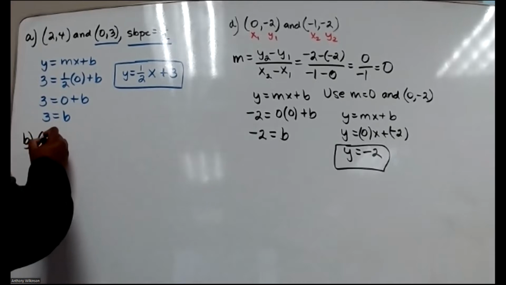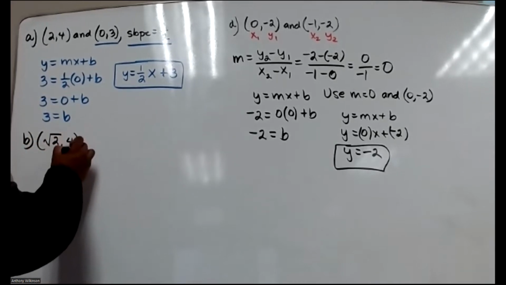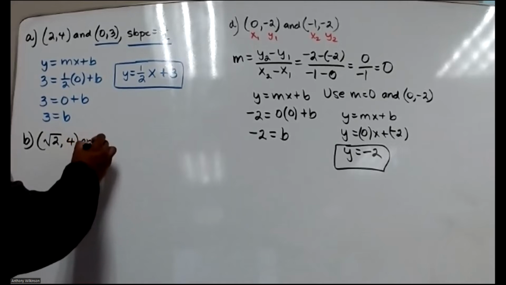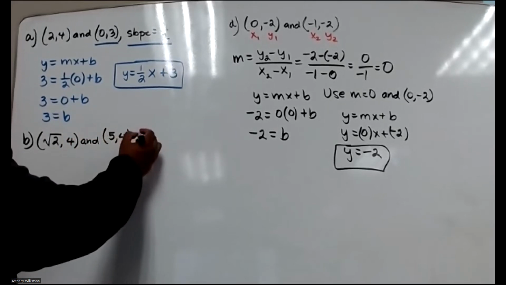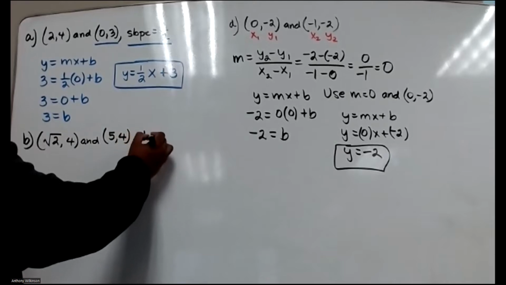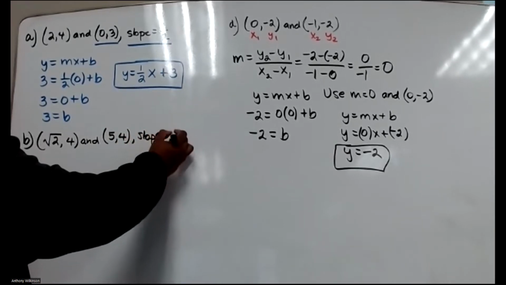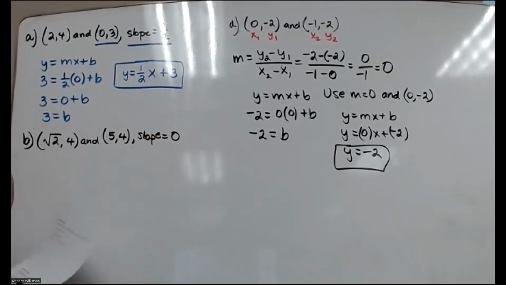Part B is this, the square root of 2 and 4 and 5, 4. And in this case here, your slope is 0. The slope is 0. Okay.